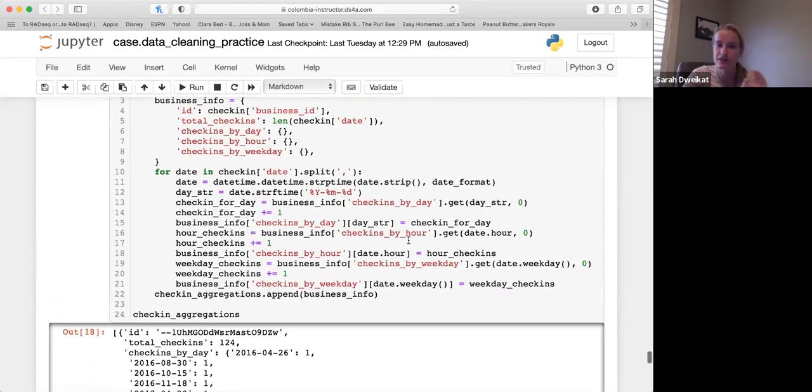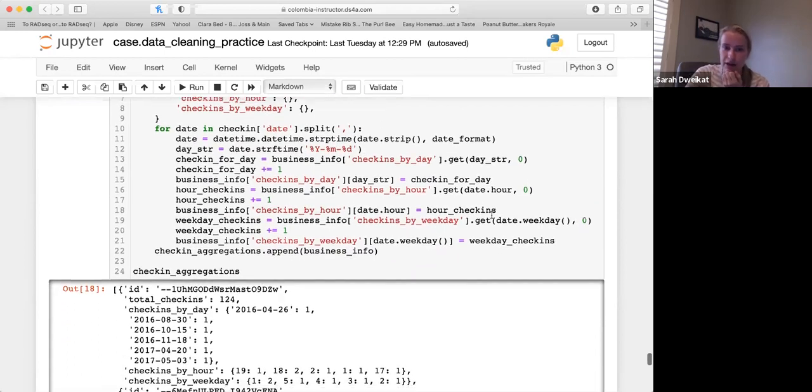All of these are independent functions to count how many check-ins there were for each independent hour, for each independent weekday, or for the day string, how many there are for each unique string for this year, month, day in a string format instead of a date format.